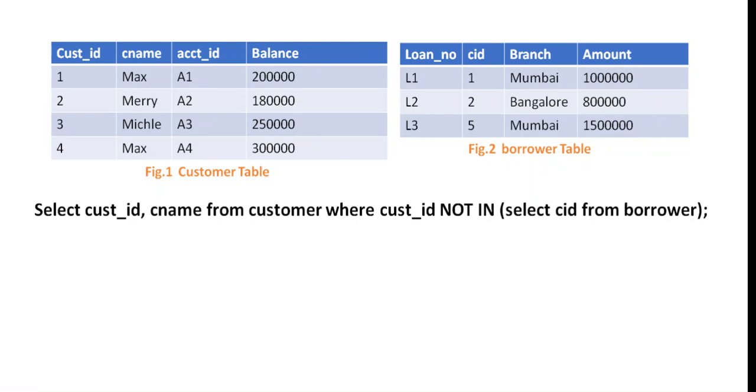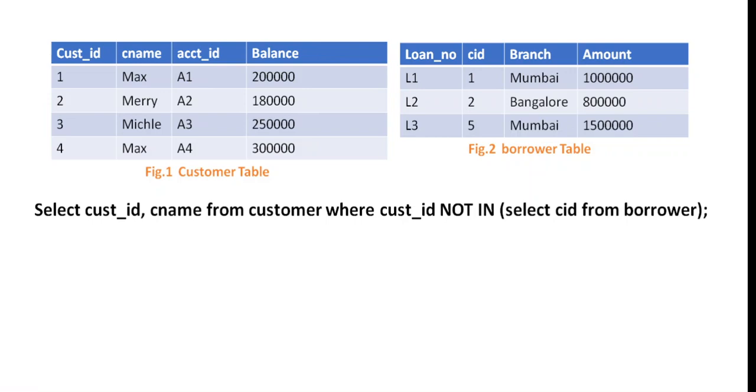The customer table consists of customer ID, customer name, account and balance, and the borrower table consists of information about loan accounts: loan ID, customer ID, branch and amount. The customer table consists of information about all those customers who have an account in a bank, and the borrower table consists of information about the customer IDs who have a loan in a bank.